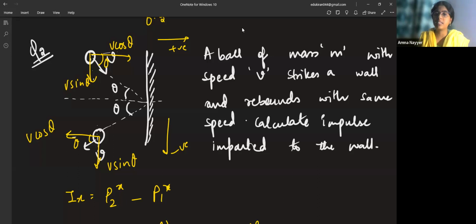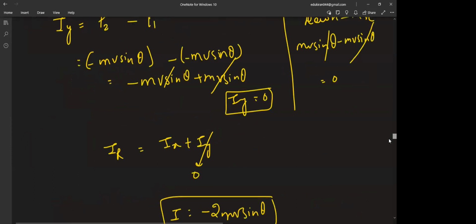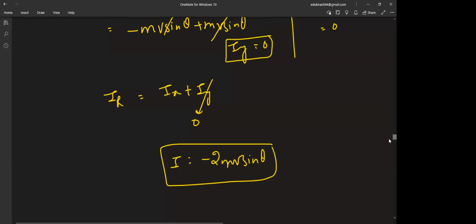Friction is there in your syllabus in detail. Sorry, this was mv cos theta, no? So this is cos theta.